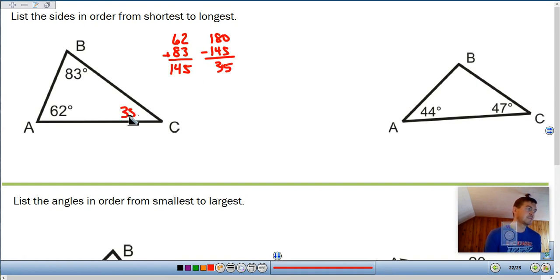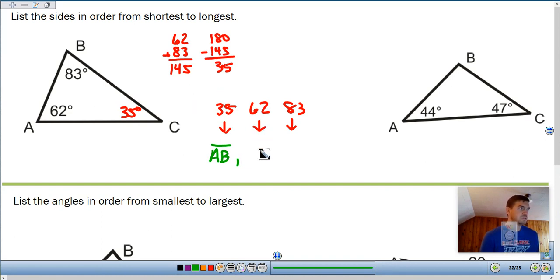Now that I have that, I can list the angles from smallest to largest first. 35, 62, 83. And then directly below that, we'll put the side that goes across from each of those. Across from the 35 is AB. That's the shortest side in this triangle.